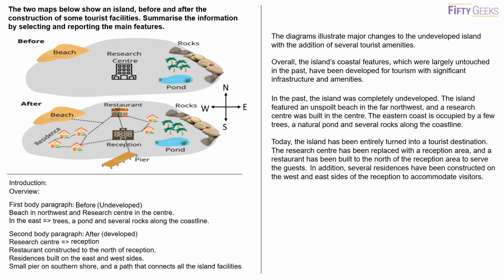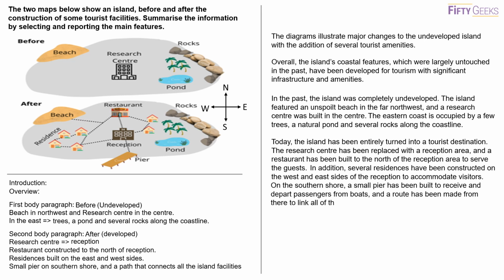After that, I will write about a small pier constructed on the southern shore and a path that connects all the island facilities. I will write it as, on the southern shore, a small pier has been built to receive and depart passengers from boats, and a route has been made from there to link all of the island features.